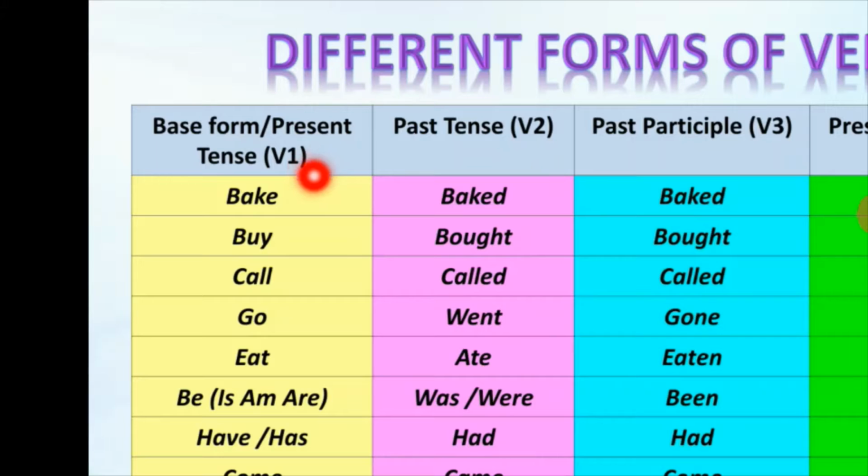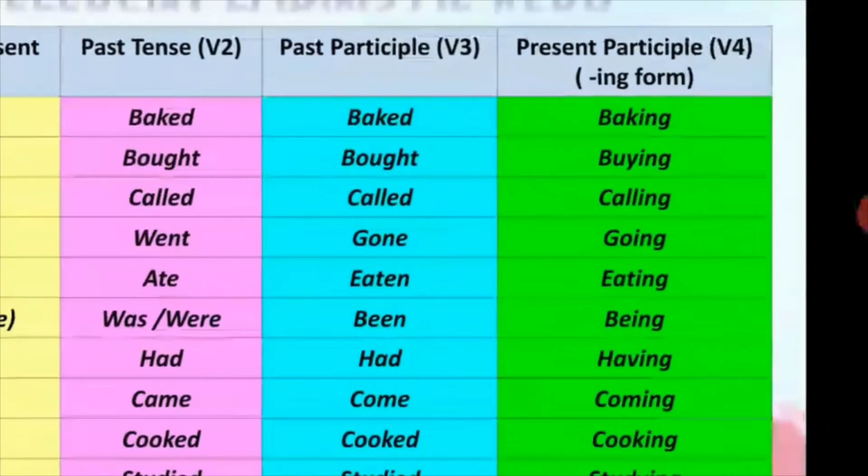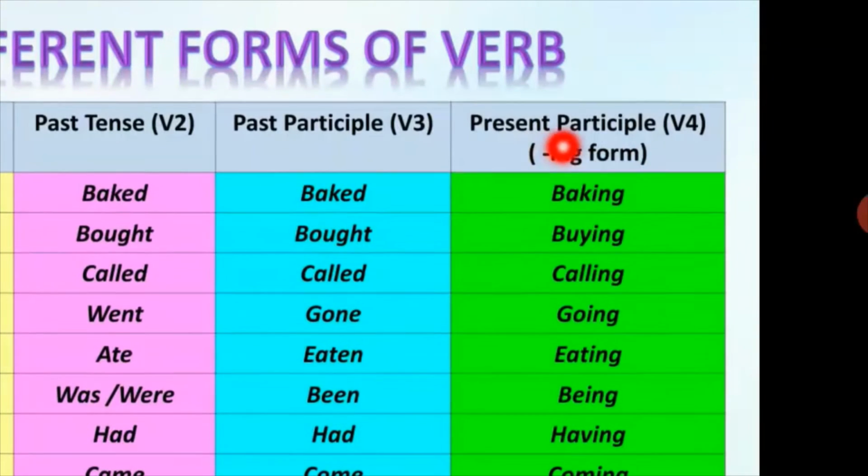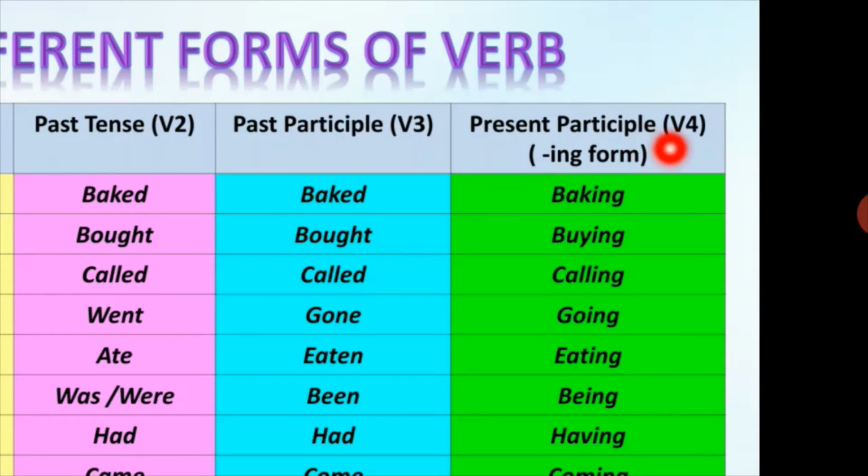Past tense is labeled as V2. In the past tense, the past form of verb is used, that is V2. Past participle is labeled as V3. And the present participle form of verb is V4. It is also called the ing form of verb.